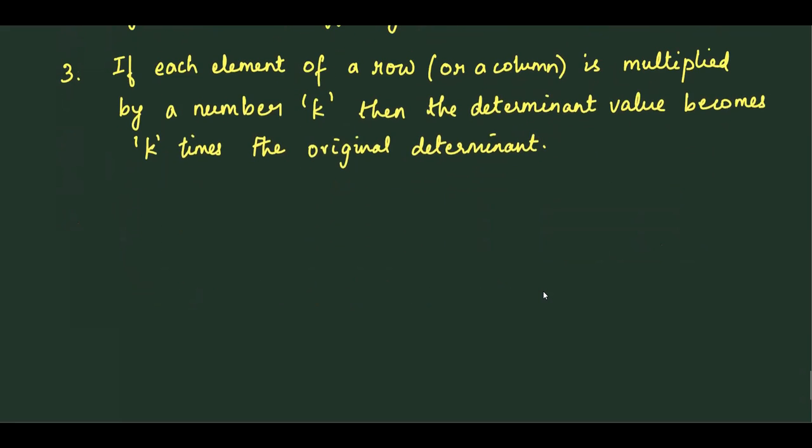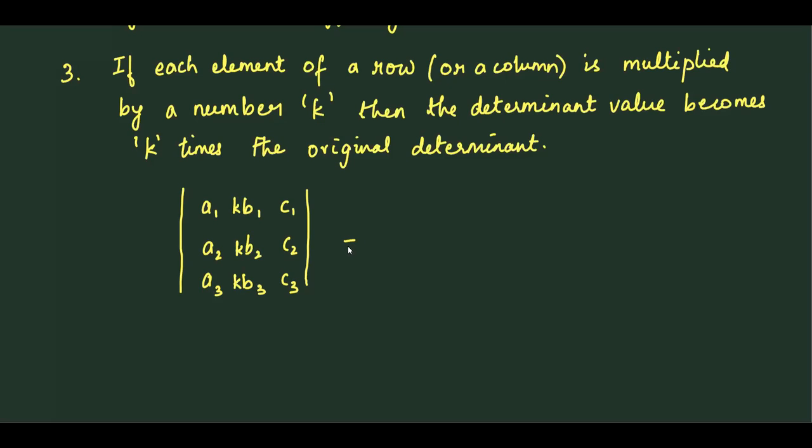So look at this. Suppose I have A1, B1, C1, A2, B2, C2, A3, B3, C3. Now let us say I multiply the second column with k.